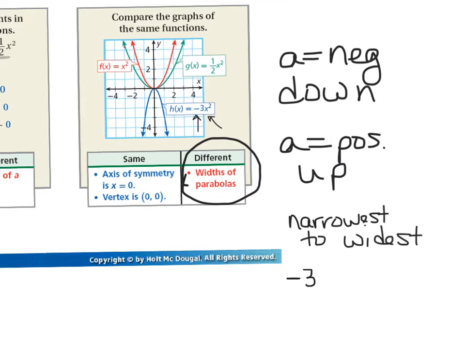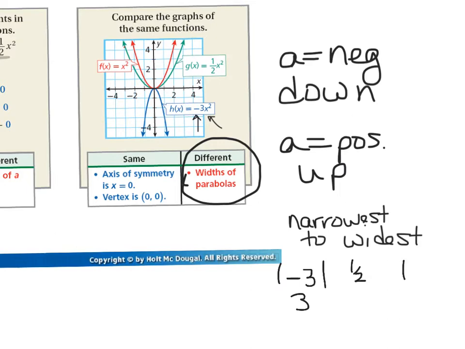So you would put -3 first, then the 1/2, and then the 1, which is in front of the x squared. This would give you the order of your graphs from narrowest to widest. Again, you're thinking absolute value here. So you're just thinking about the 3 when we're ordering for the width of the graph.